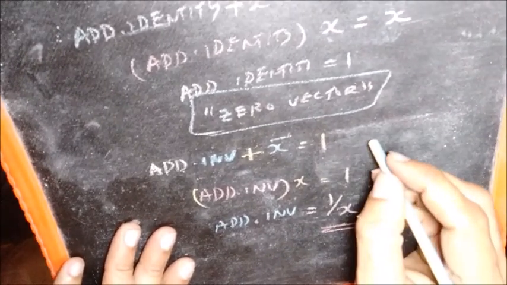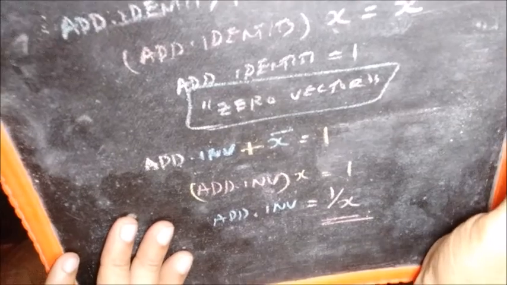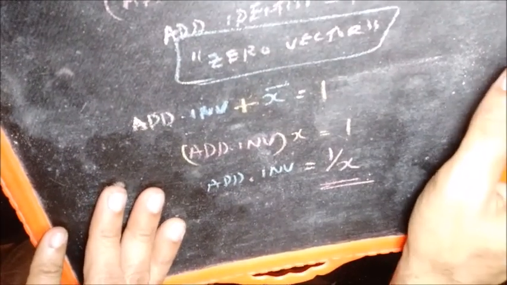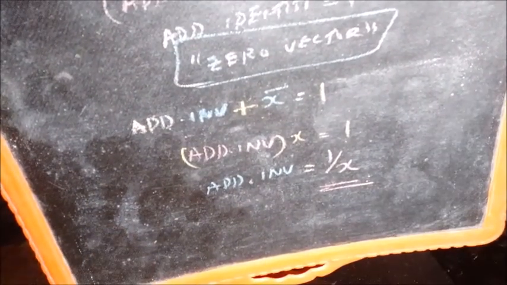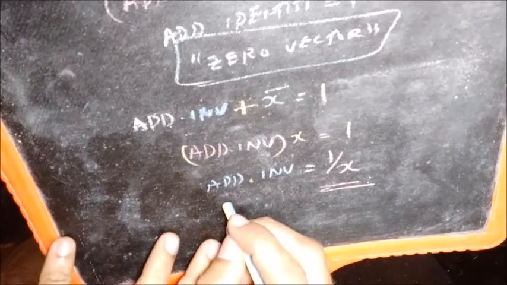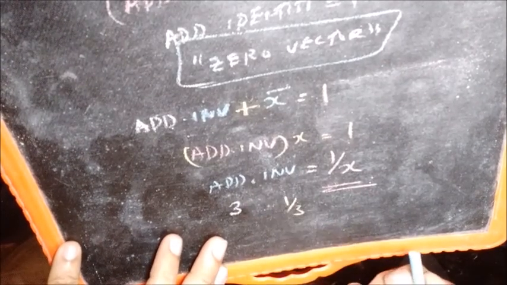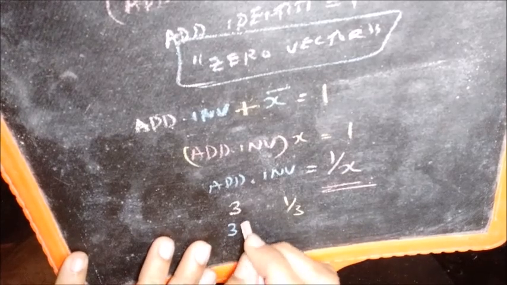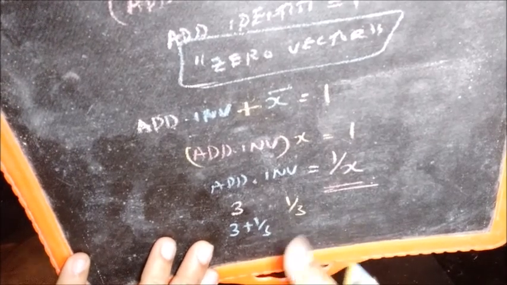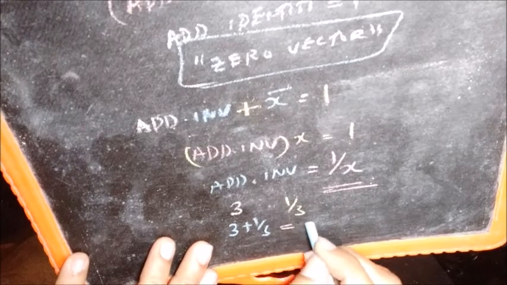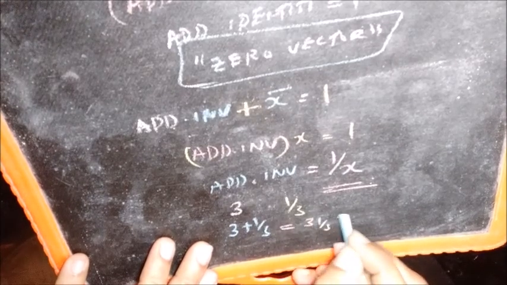So for example, if I take 3 from the set of positive real numbers, which we are treating as a vector space, its additive inverse is 1 by 3. And you can see that 3 plus 1 by 3, the way we have defined addition, becomes 3 into 1 by 3, which is equal to 1.